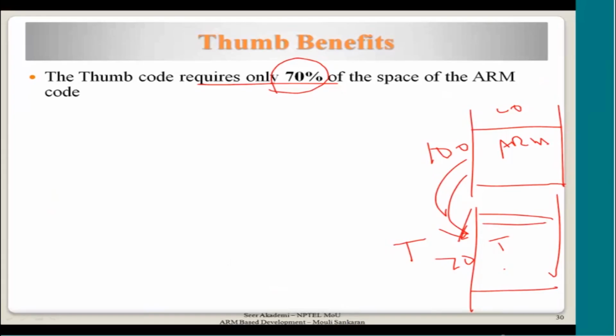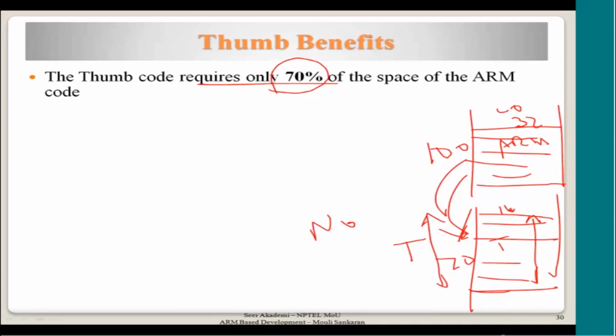But please remember, the number of instructions here will be more than the number of instructions here. Why? Because every instruction takes 32 bits here, whereas every instruction here takes only 16 bits. But still it occupies 70% of the space. So the number of instructions here will be greater than the number of instructions in ARM state, whereas code space wise, this is less than this space.